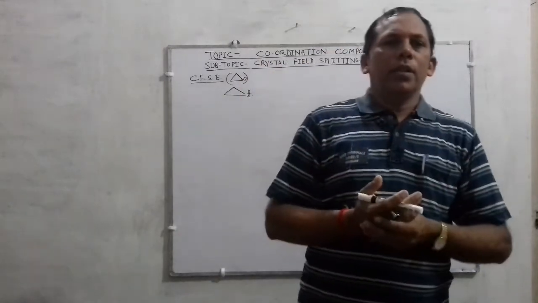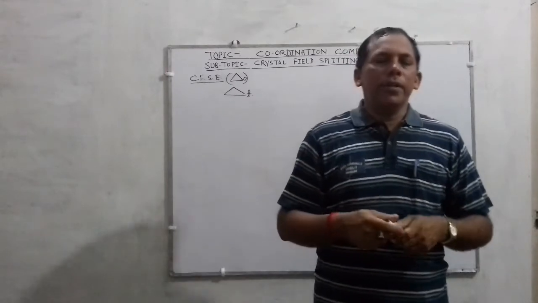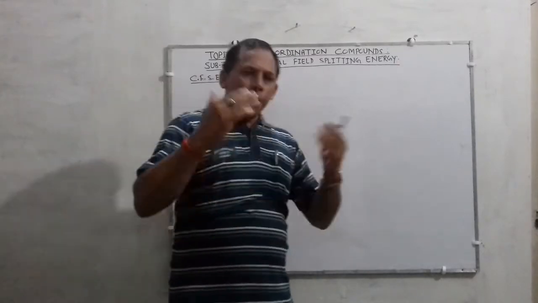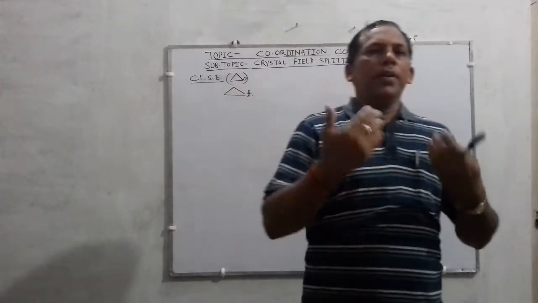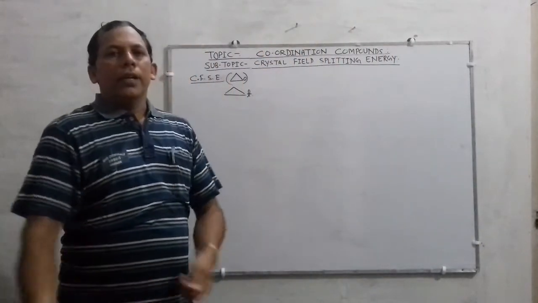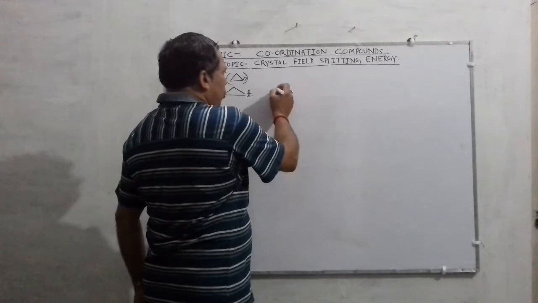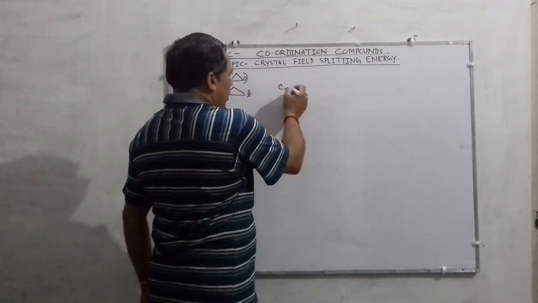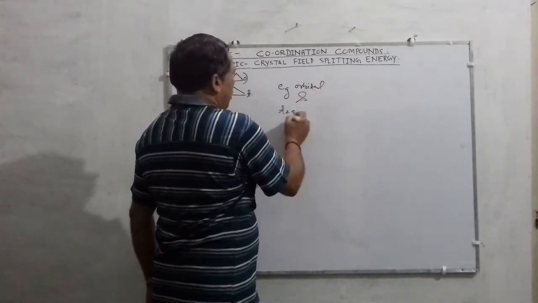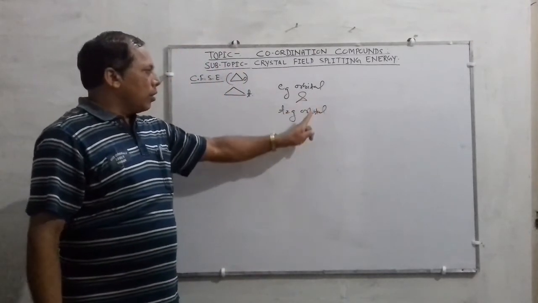When ligands approach the central metal atom, the electrons of the central metal atom and those of the ligands repel each other, due to which the d orbitals split into two sets of orbitals. The two sets of orbitals are called Eg orbitals and T2g orbitals.